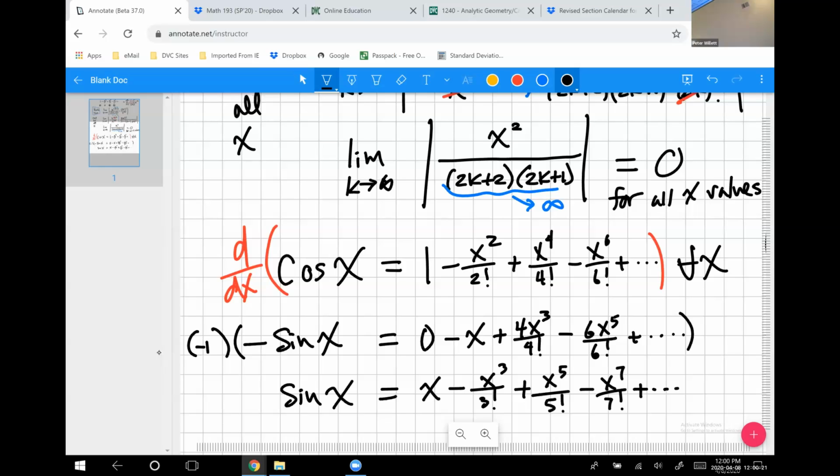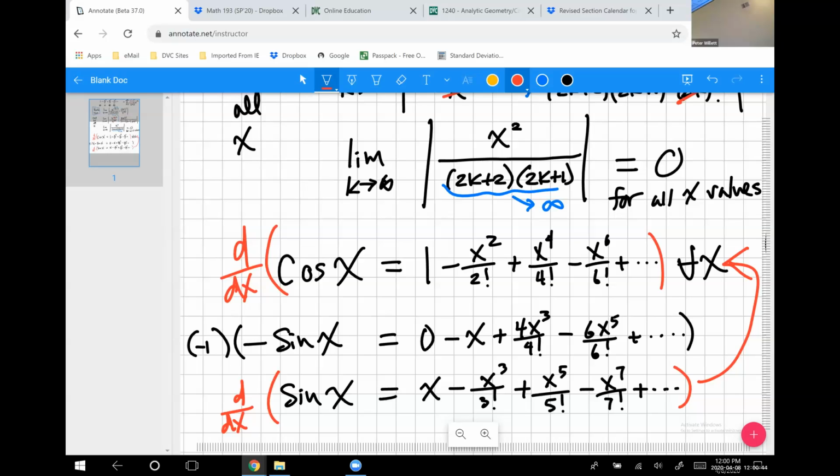Now imagine that I took this sine and took the derivative of that. Well, guess what? You get that. The derivative of x is 1. The derivative of minus x cubed over 3 factorial is minus x squared over 2 factorial.